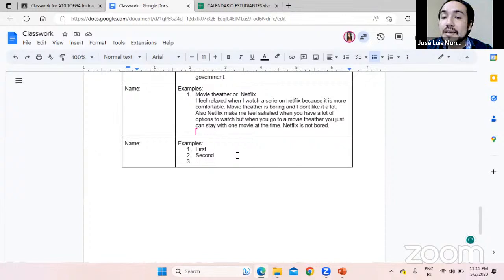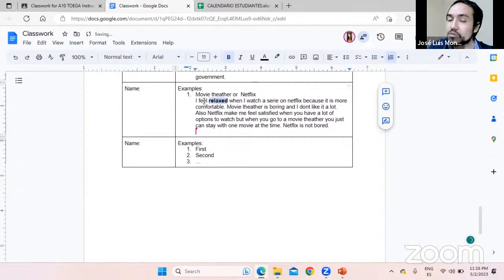Now we're going to check and we're going to remember there's only one rule that perhaps is very important that we need to take into account. Now, good, I feel relaxed. And again, I told you it depends on the context, right? We're going to analyze if the context works with this. I relaxed. Yes, it makes sense, right?